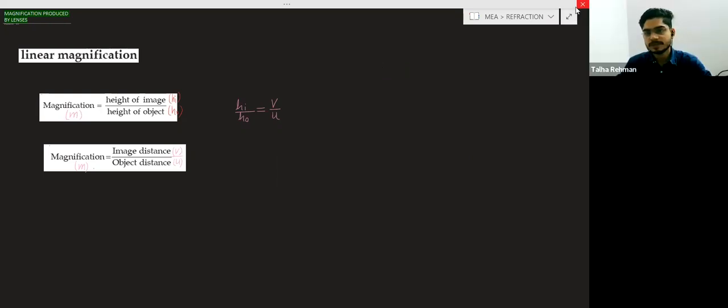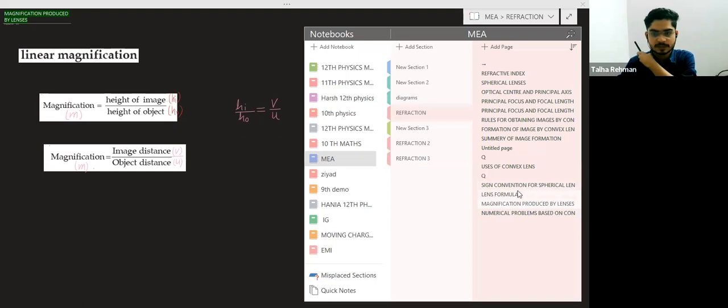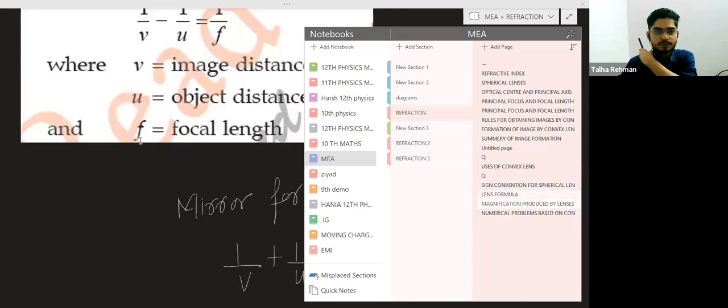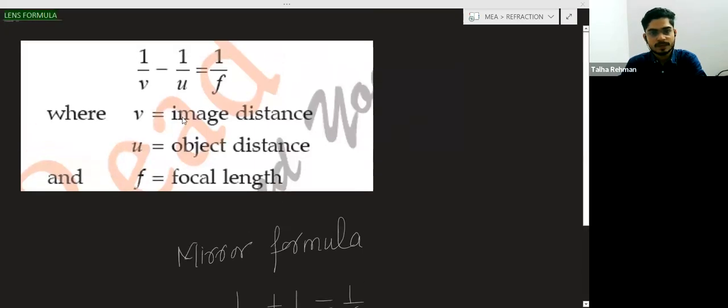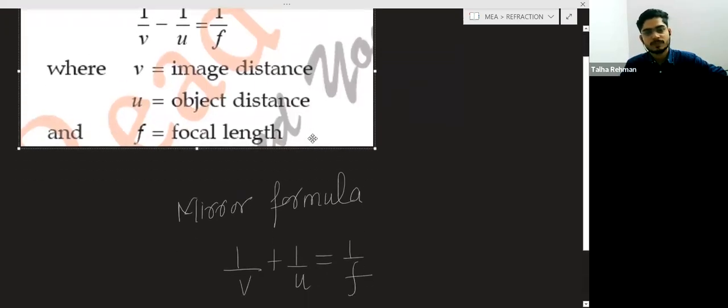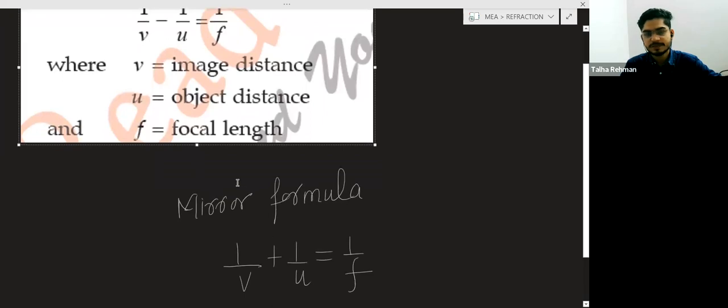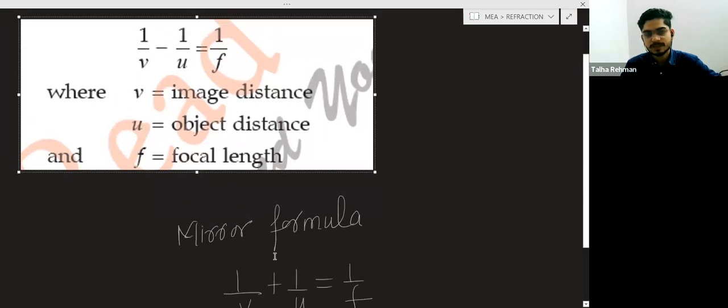Till then, we can revise the topic that we covered in the last class. First, you should know the lens formula. The mirror formula is different from the lens formula. Here is plus and here is minus.